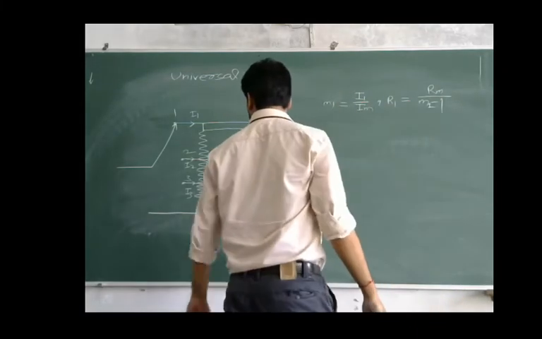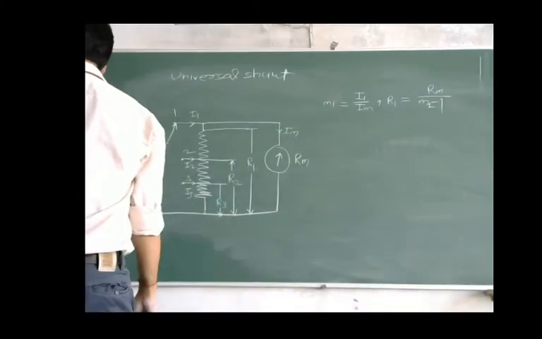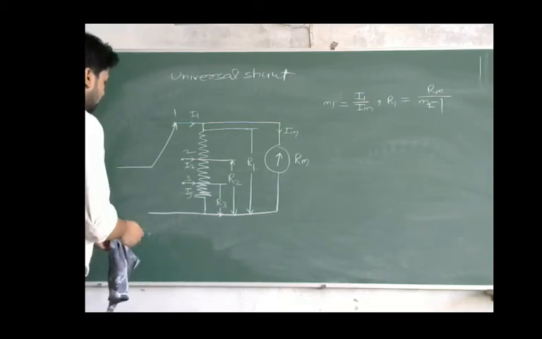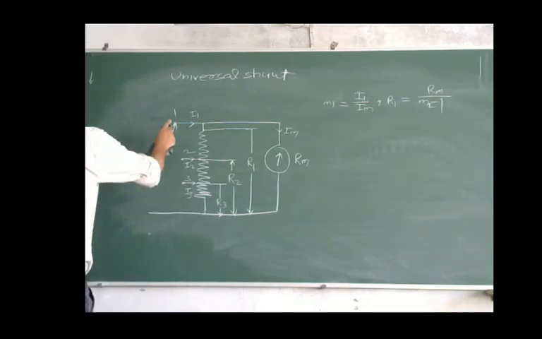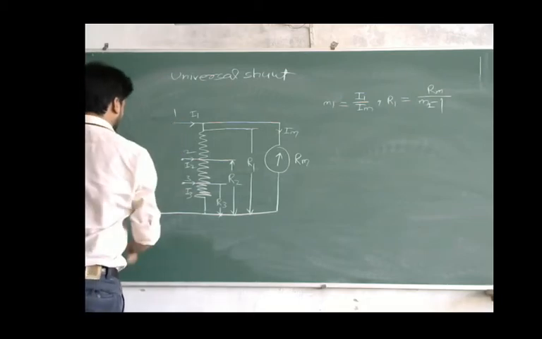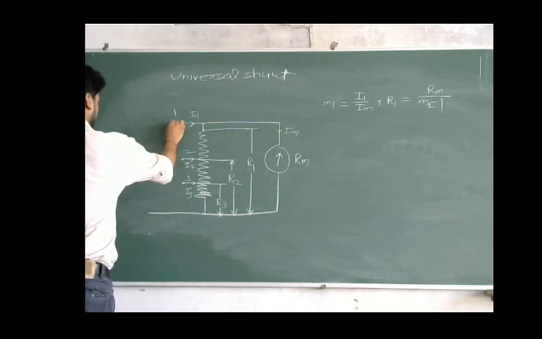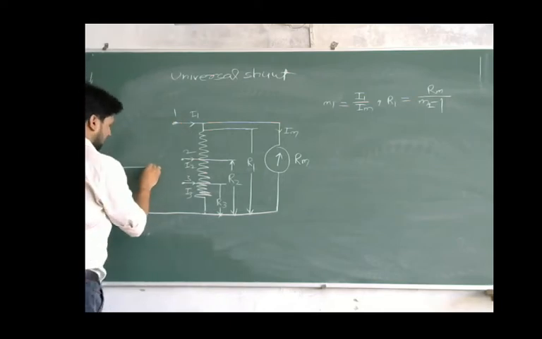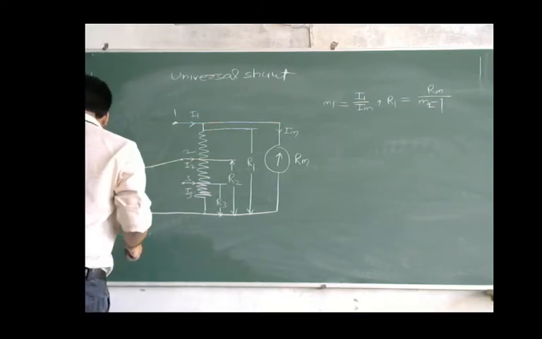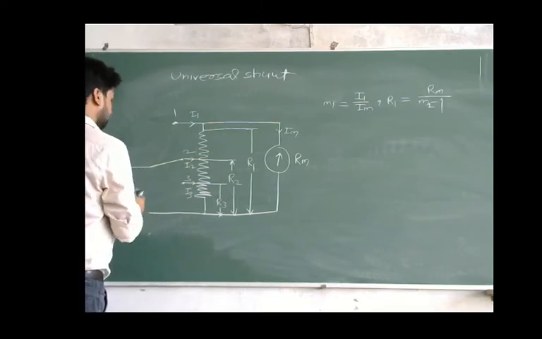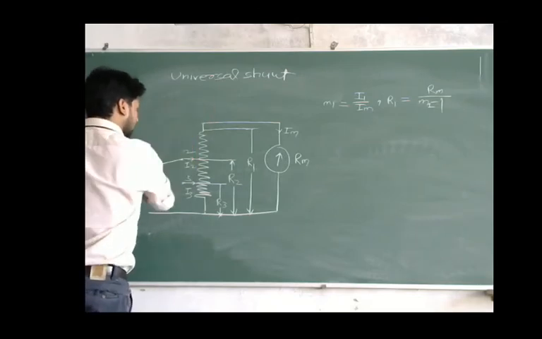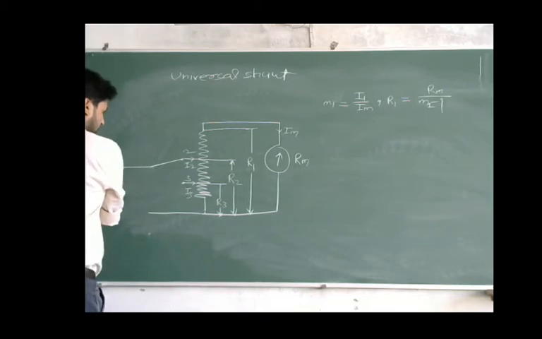Rm upon M1 minus 1. Suppose here is a condition when this switch is connected to position 2. In this condition, the total resistance does not appear in shunt to the instrument.